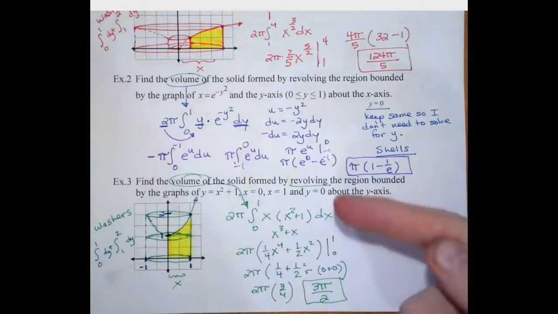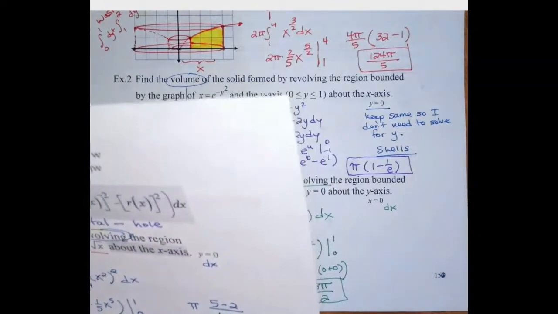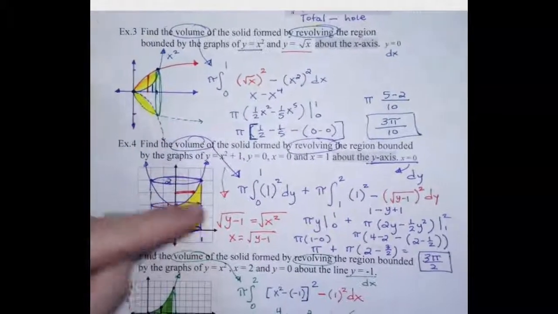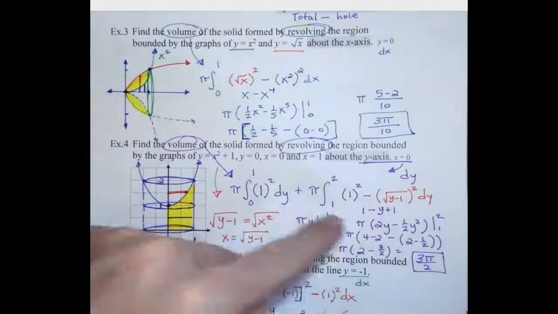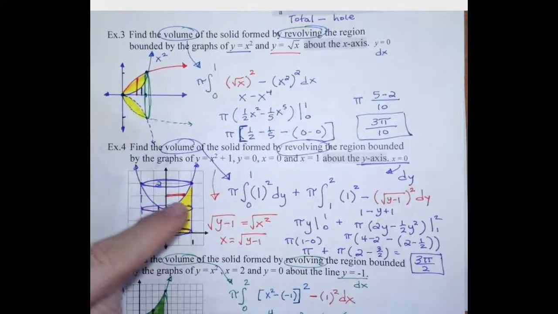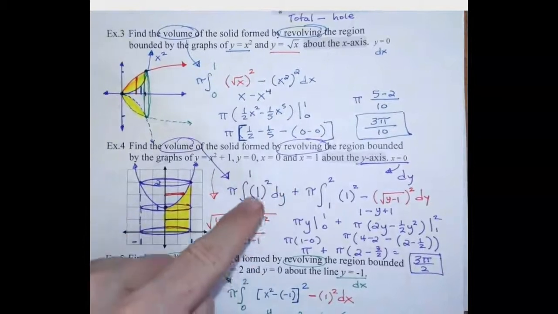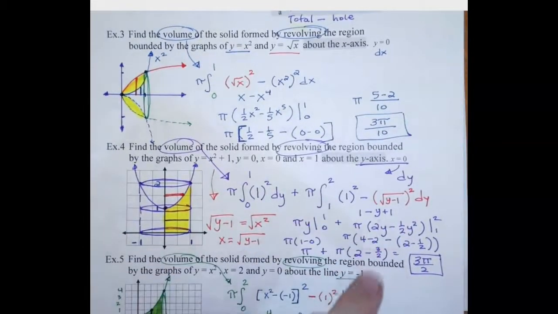So you can look at our work here with shells, and now if we turn back to page 147, and you look at this work that we had to do for disks and then washers. We had to turn it sideways, we had to solve for x, we had that integral, then we had to do this integral.